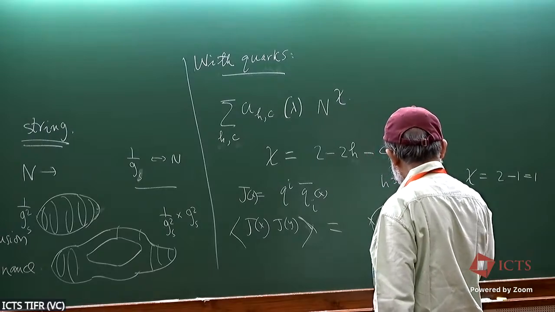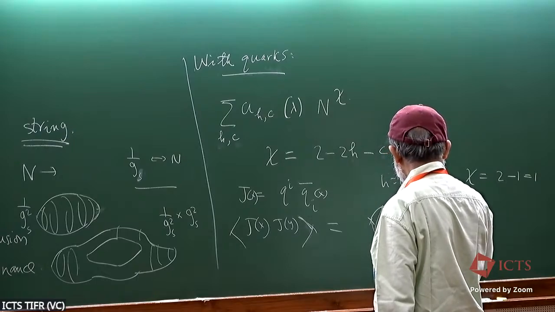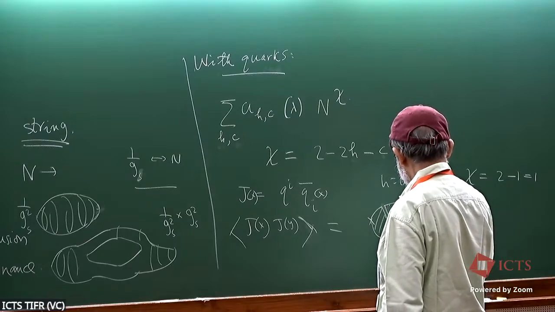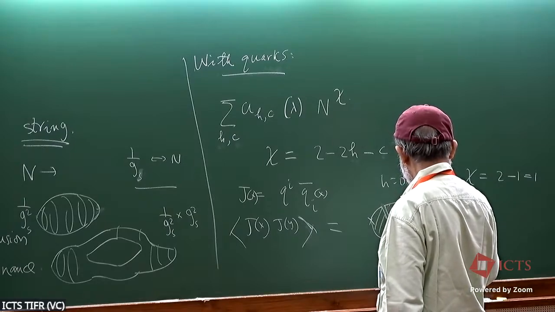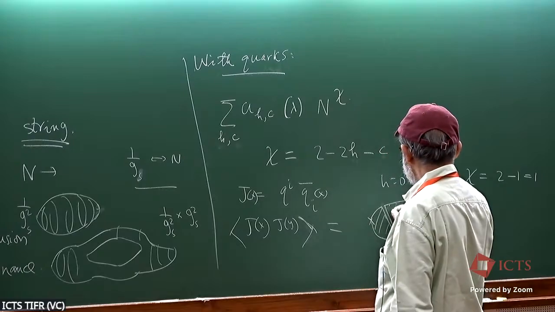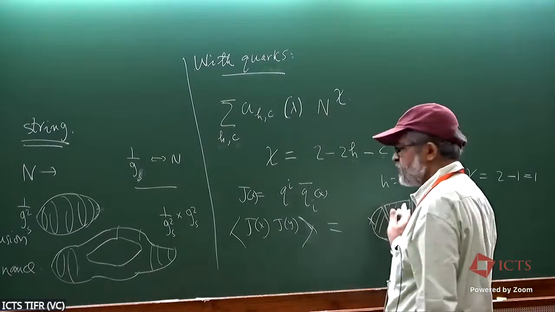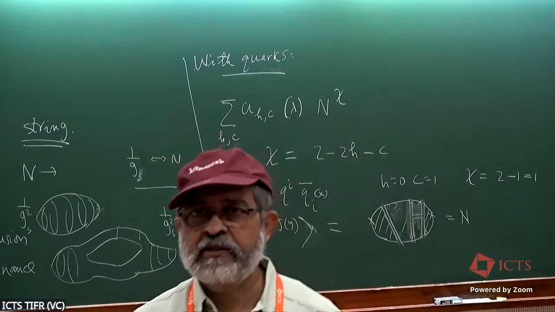You should draw them really carefully and fill in all the index loops with different colors. But eventually, you are just triangulating a disk. The topology remains that of a disk.